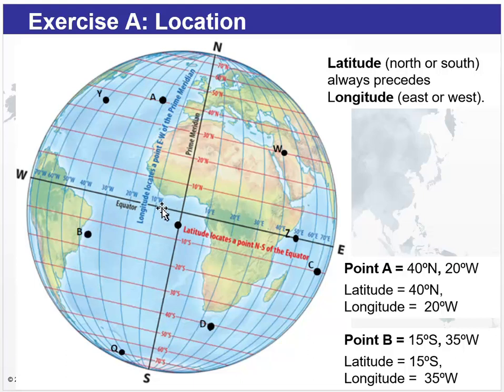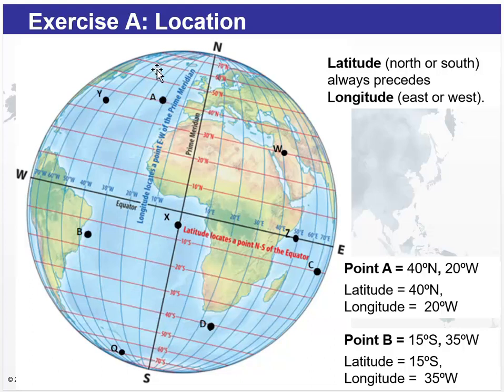So our latitude is going to be 10 degrees, 20 degrees, 30 degrees, 40 degrees north. So our first number is going to be 40 degrees north, and then we need to find how far east or west it is of the prime meridian.